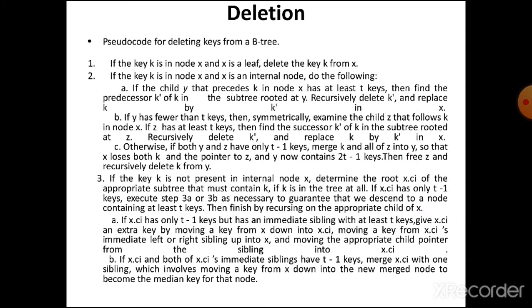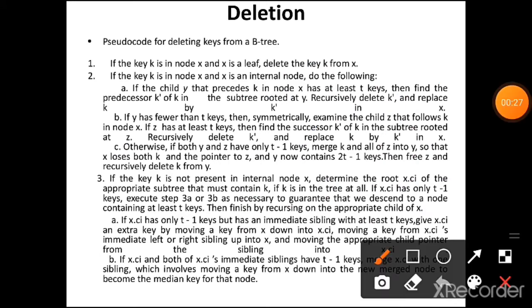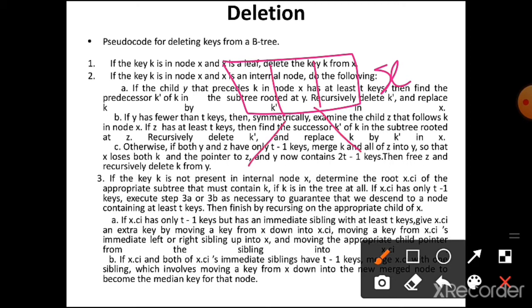Then the third case: this is a node X, but K is not present in this internal node. Then we determine the child where K is present, that is, K is contained in some child node.